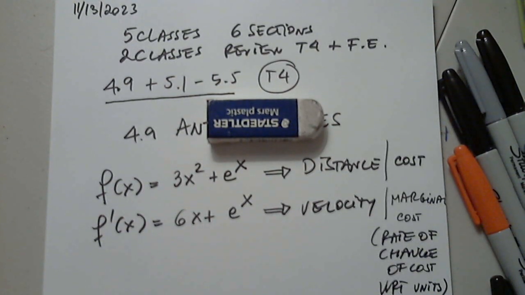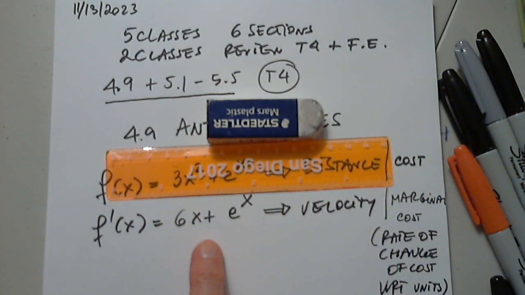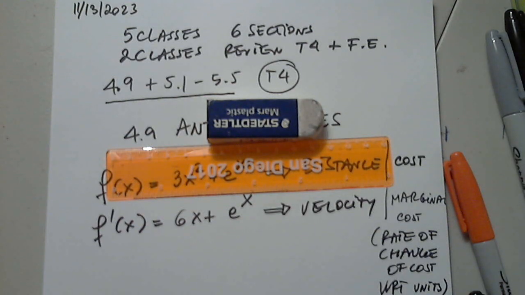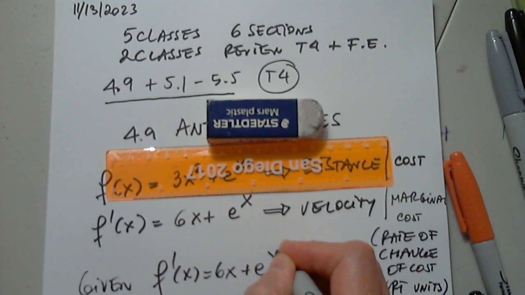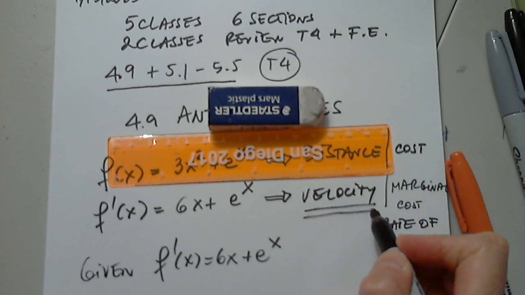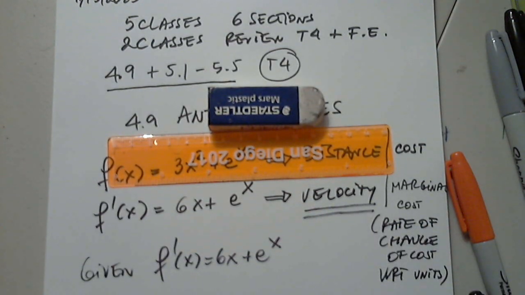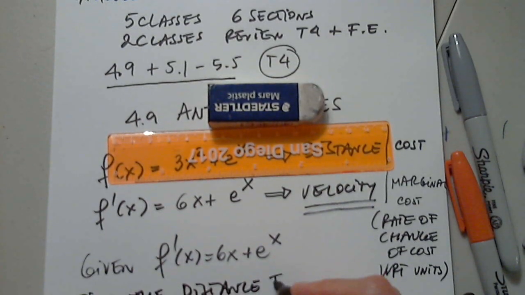Now, what if I am given this function? So given f prime of x equals 6x plus e to the x. Let's say it's the velocity. And let's say we're asked to find the distance function.